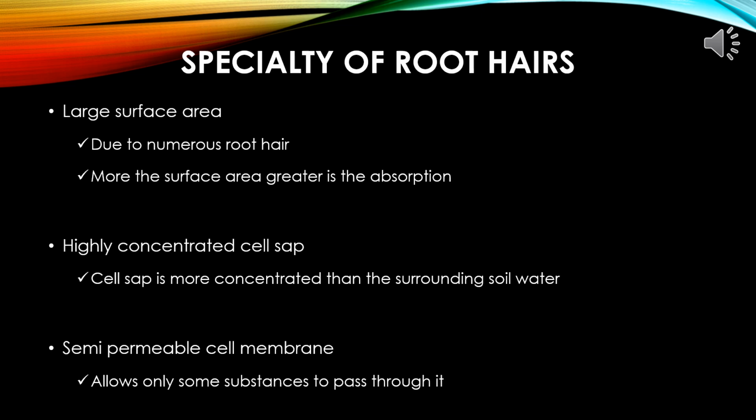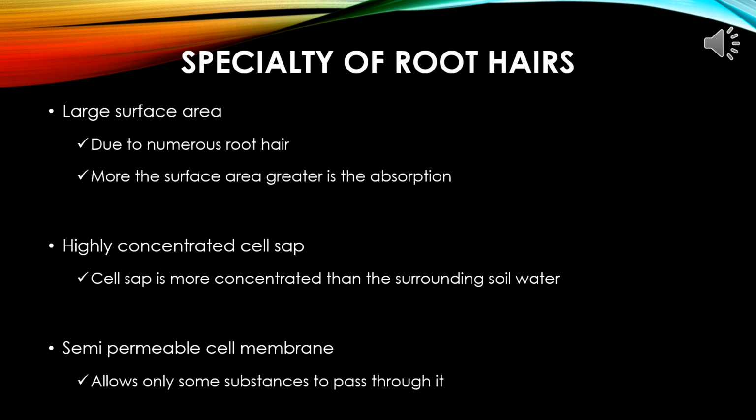Large surface area due to numerous root hairs. You know, there is a large number of root hairs present on the root. So these large number of root hairs provide large surface area. What is the advantage of having large surface area? More the surface area, greater is the absorption. So the root can absorb more water from the soil because of having a large surface area.